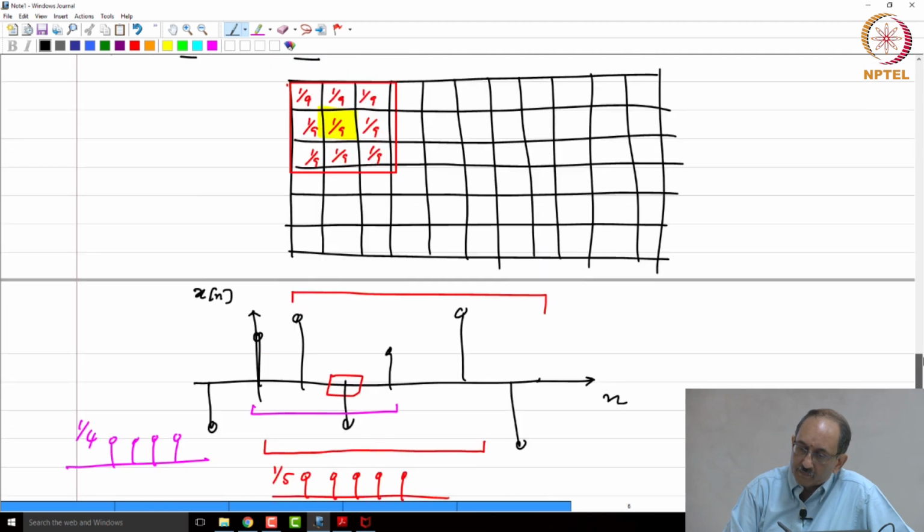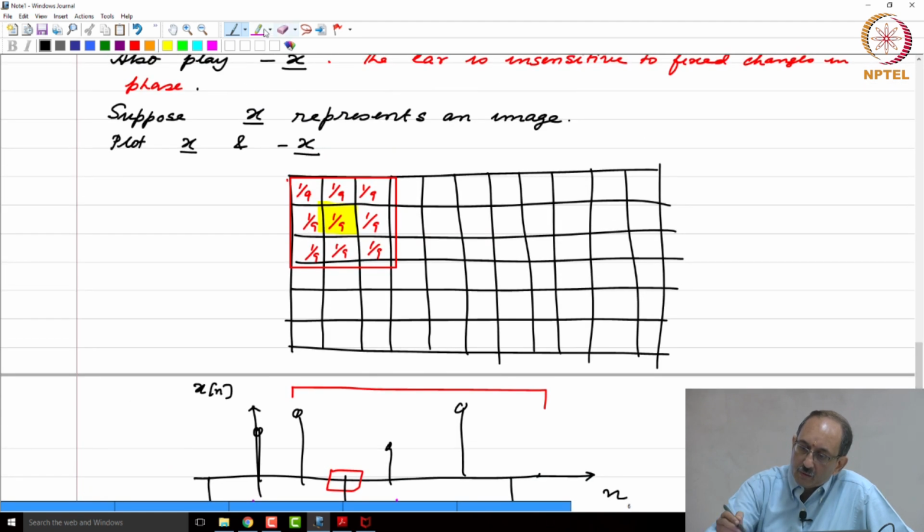Similarly, when you are dealing with images, you do not want to introduce half sample delays, because you will not be able to line up the filtered image and the original image. Instead of a 3 by 3 mask, suppose you had taken a 2 by 2 mask.